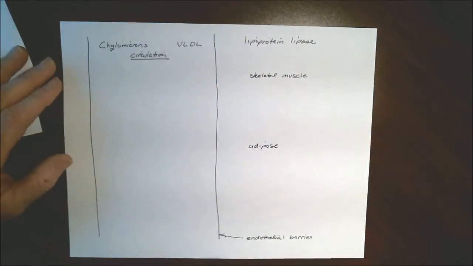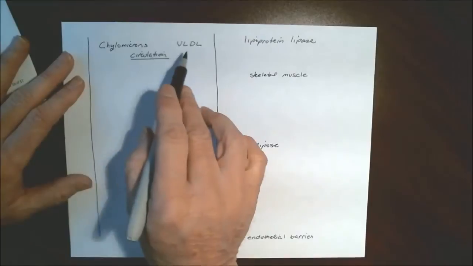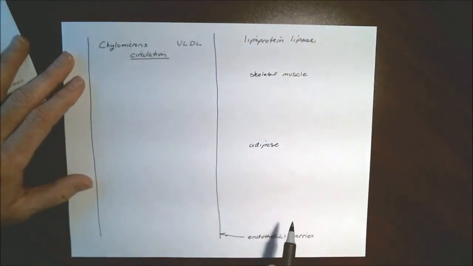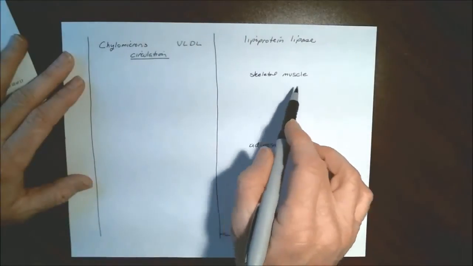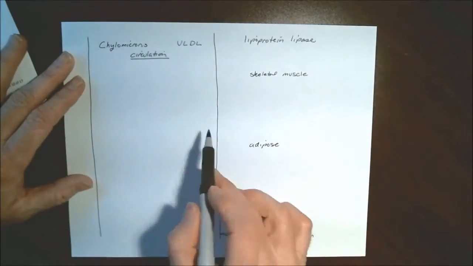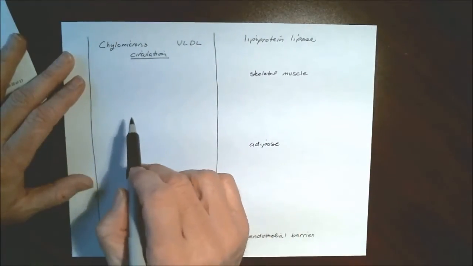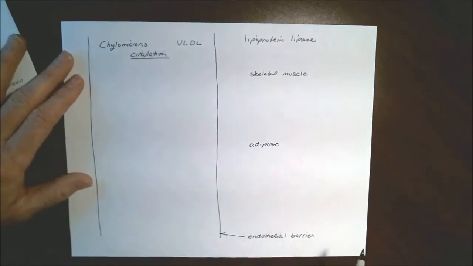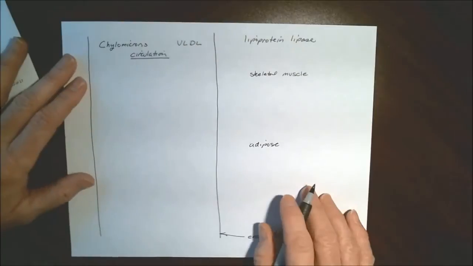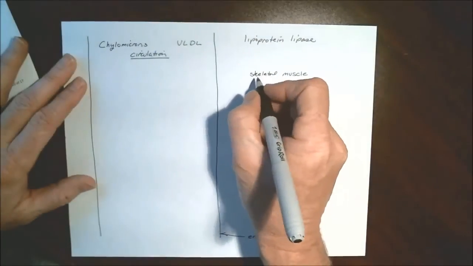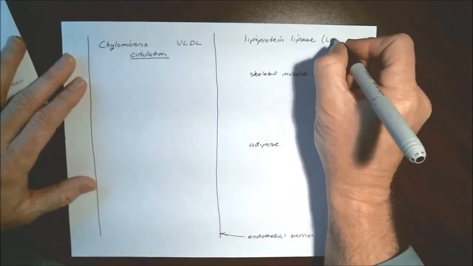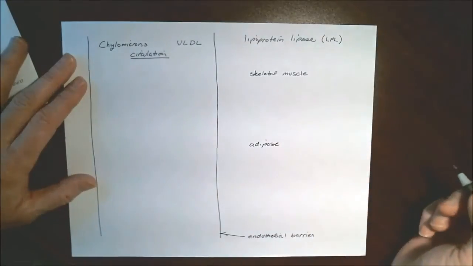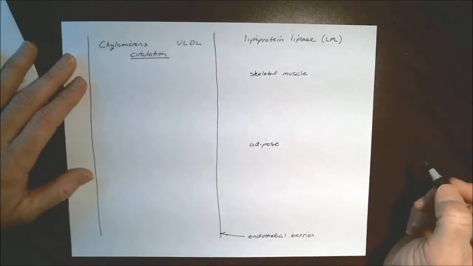So the question is, if you have your chylomicrons and VLDL particles that are carrying your fatty acids and cholesterol, how do the tissues know that these particles are available to them in the circulation? Well, these tissues make lipoprotein lipase, which is abbreviated LPL.